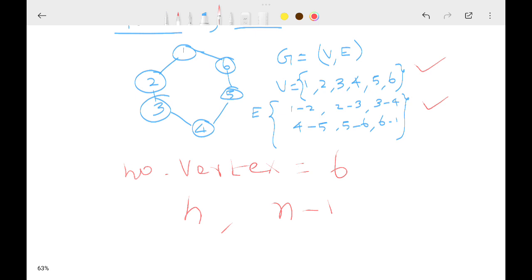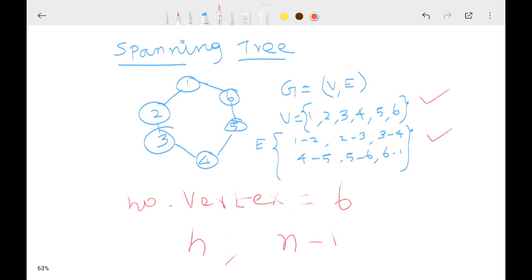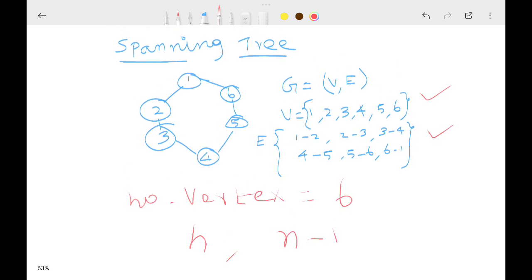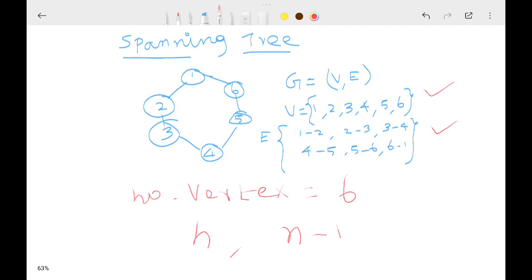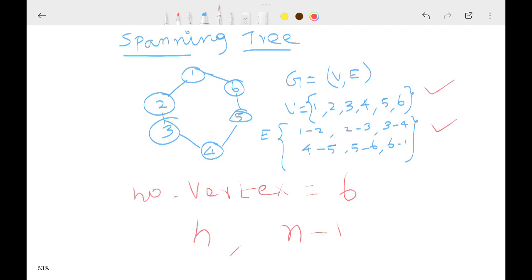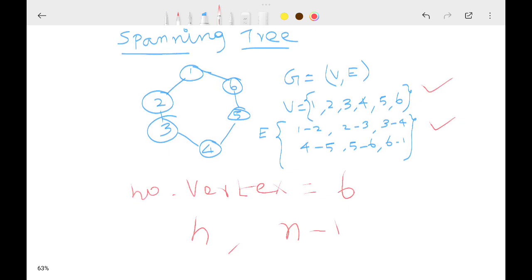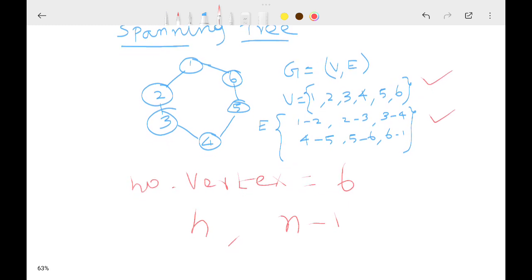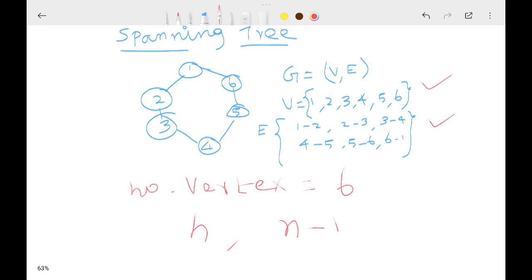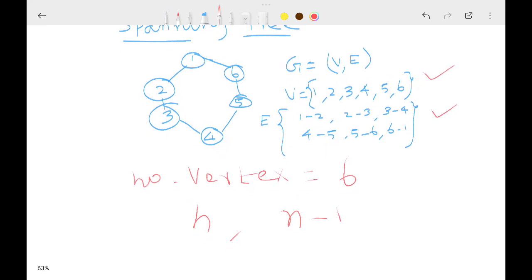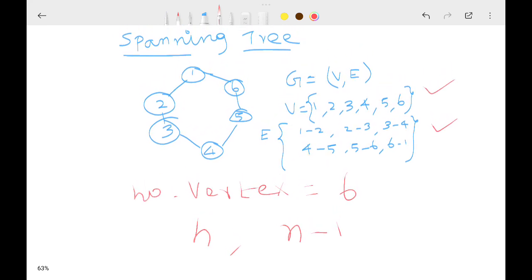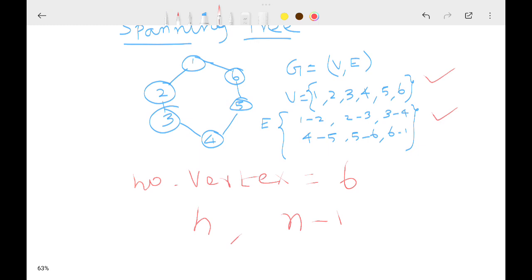Now from this graph we need to find a subset of this graph which contains all the vertices but a subset of edges. So if the number of vertices is V, the spanning tree should contain V minus 1 edges.